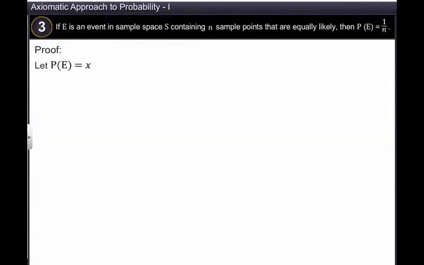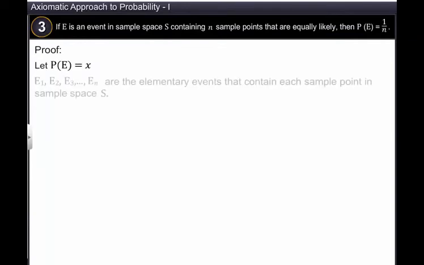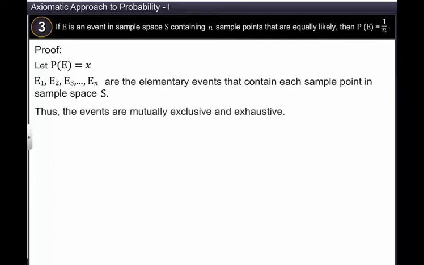Let P of E be x. Consider that E1, E2, E3 and so on are the elementary events that contain each sample point in sample space S. Thus, the events are mutually exclusive and exhaustive.